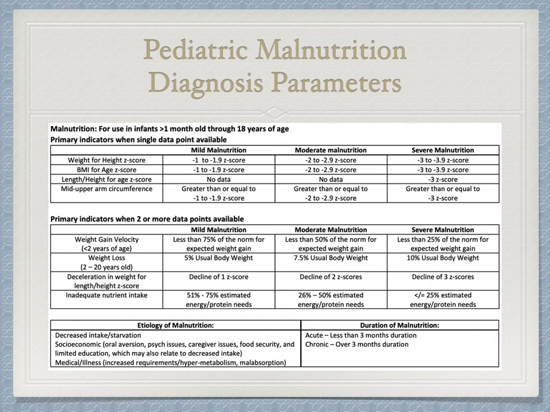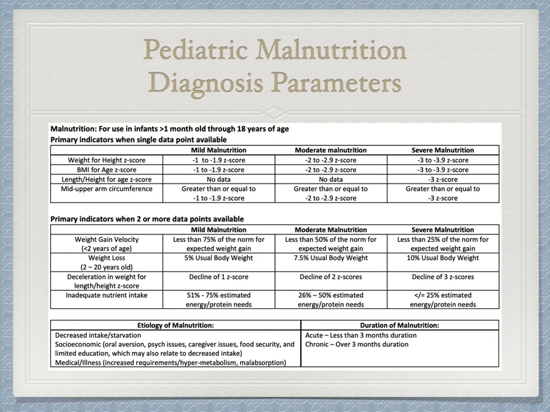If the patient's weight for height falls into one of the negative categories, then you would classify it for that particular category. So say the child had a weight for height z-score of -2.5. That patient would be classified with moderate malnutrition. If you had an older child whose BMI, say, was in the -3 to -3.5 range, that child would be classified with severe malnutrition.